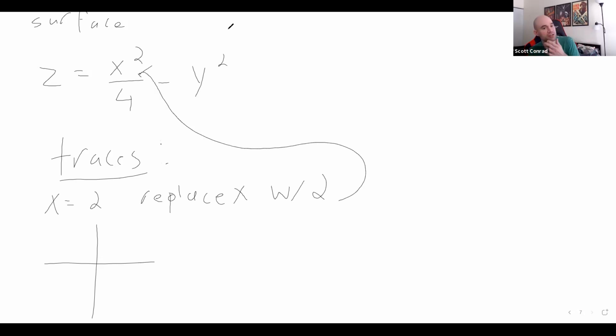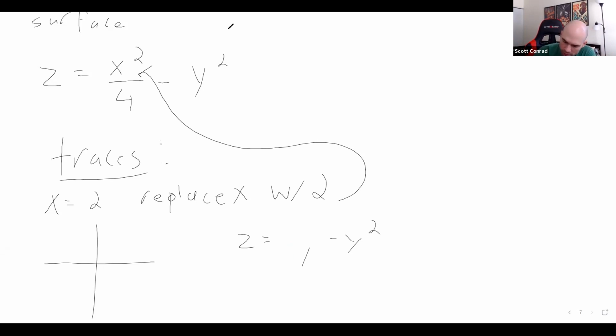So you go to your equation, you replace x with 2, and because it's the trace x equals 2, we get z equals 2 squared, which is 4, over 4, minus y squared.